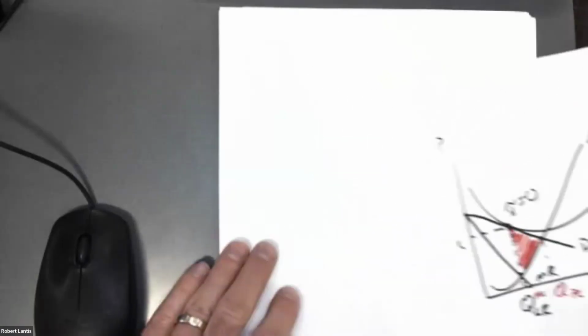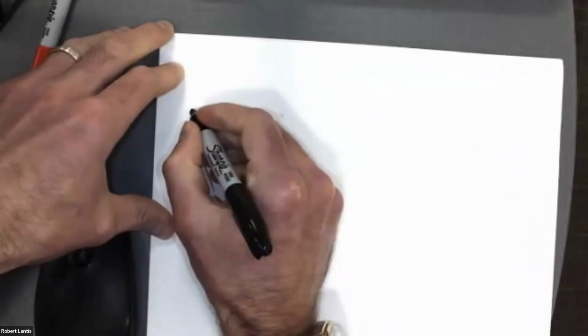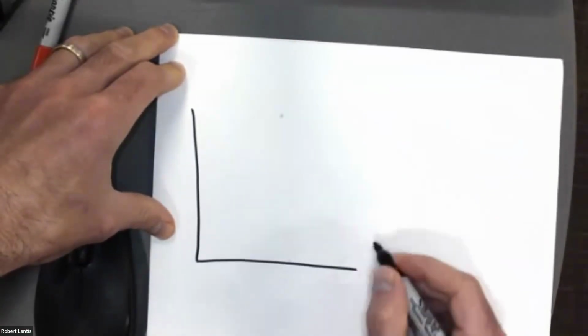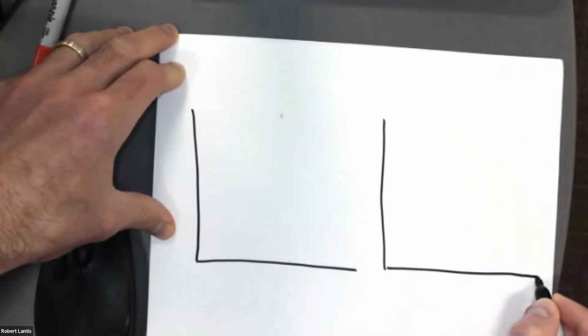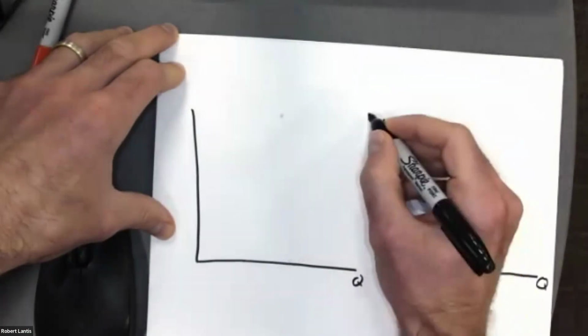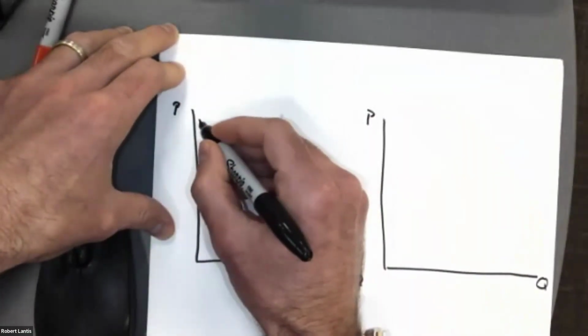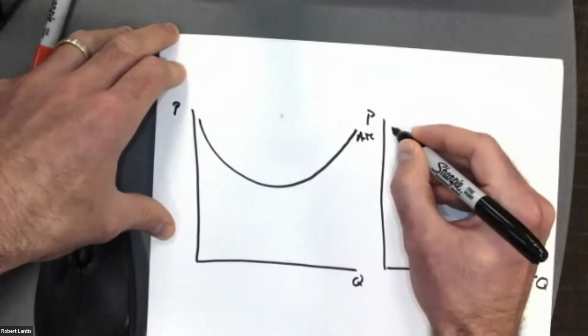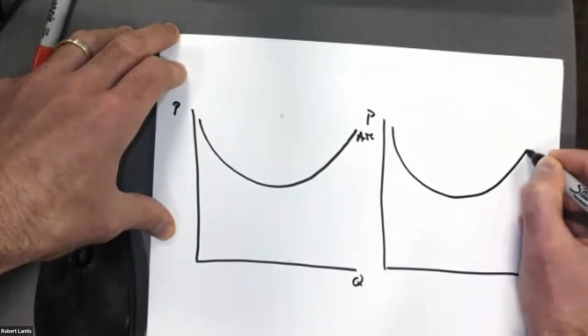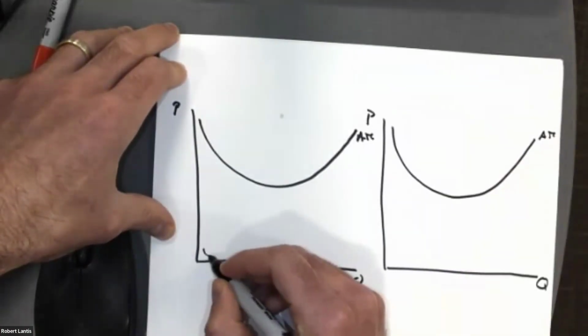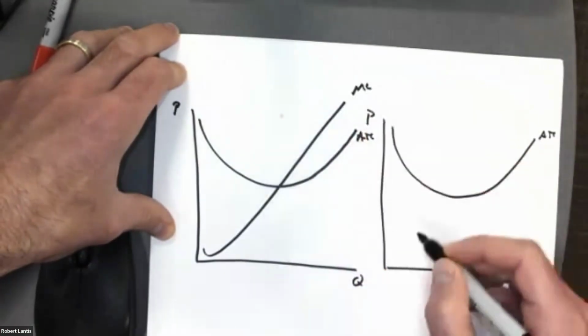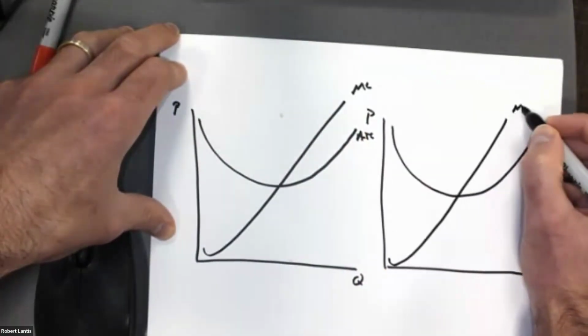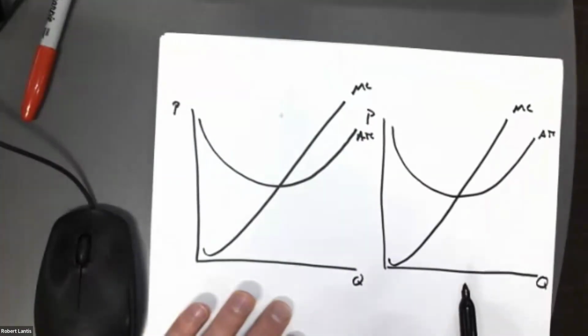So to give a little more insight into long run comparisons, and I think this is in the slides, but it helps to build it out. Let's say I'm thinking about quantity. I've got price. I've got my average total costs. I'll try to draw these to be exactly the same here. And then I've got my marginal costs hitting the average total cost at its minimum point. Okay.